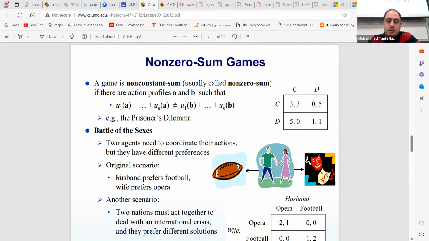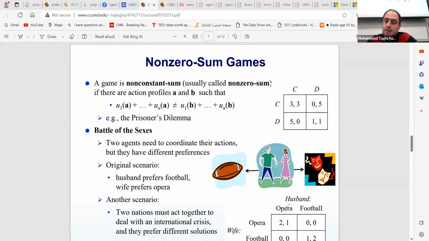Another scenario you can mention is two nations that need to work together on an international crisis so that they can put an end to it. The same thing. Some scenarios might be more preferable for one than the other, but if there is no coordination, they get zero.